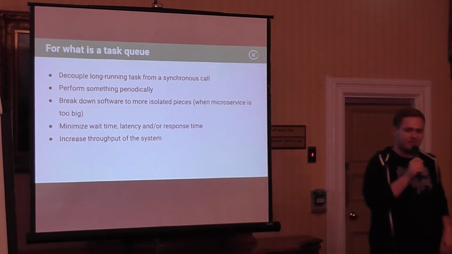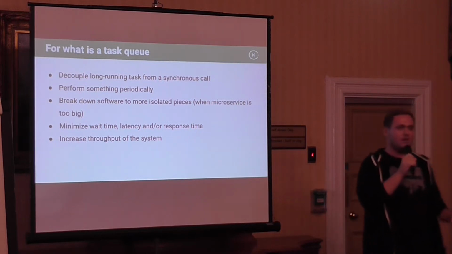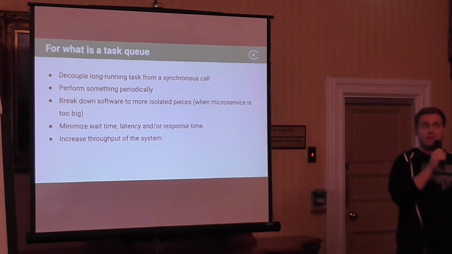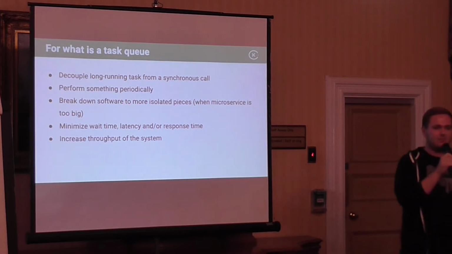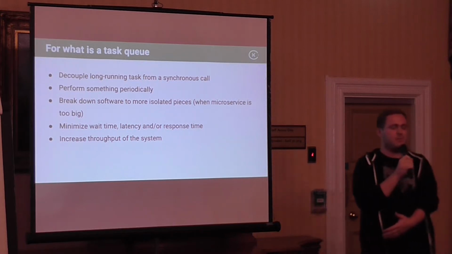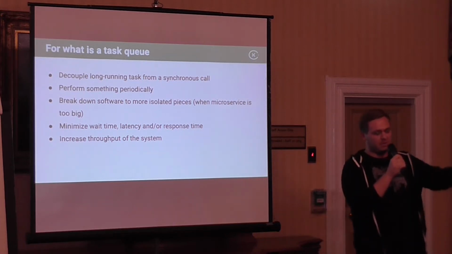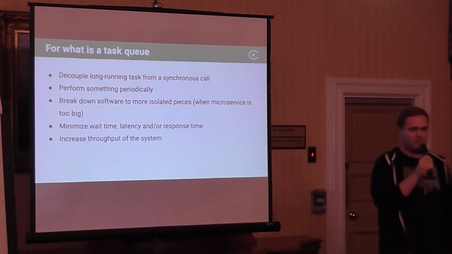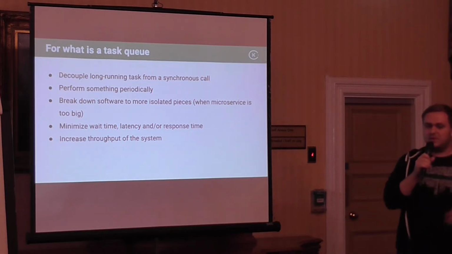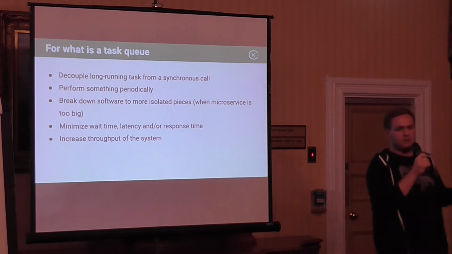Once again, decouple long-running tasks from a synchronous call. This basically means that we can have a task that takes a minute or even half an hour, and we don't want to block the HTTP API, for example. So we will just decouple it, throw it to the worker, and wait for the result with a callback or something. We can also do a task periodically.